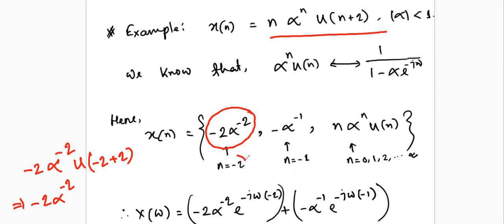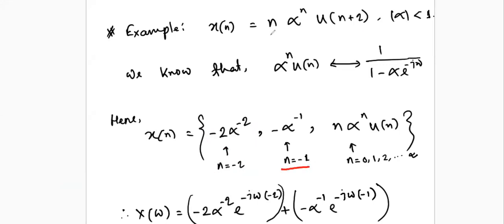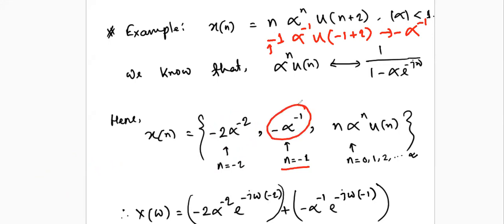So at n equals -2, we found -2 alpha to the power -2. Similarly, for n equals -1, we find -1 alpha to the power -1 u[-1 plus 2], which leads to minus alpha to the power -1.